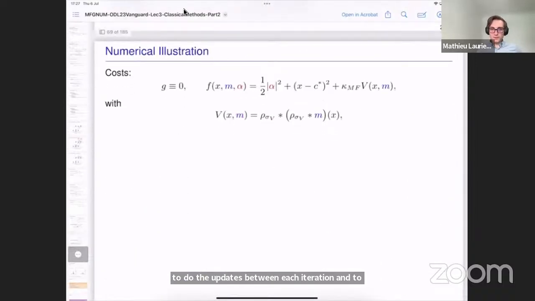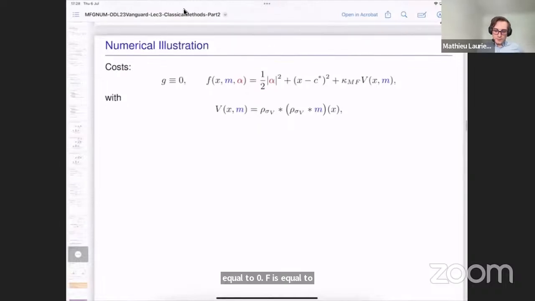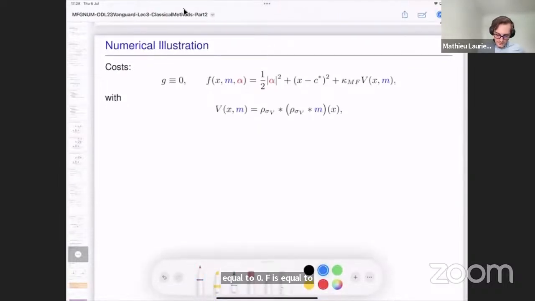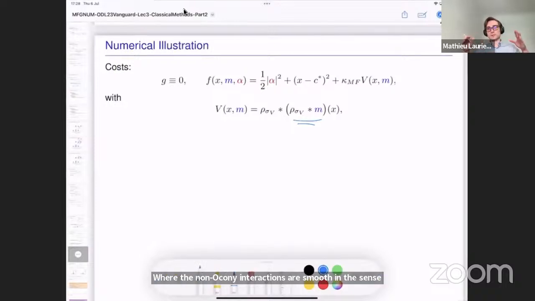Here is a numerical illustration. The terminal cost is equal to 0. F is equal to this term. Again, this is a non-local interaction, where the non-local interactions are smooth in the sense that you take m, which is the probability measure, and you take a convolution.